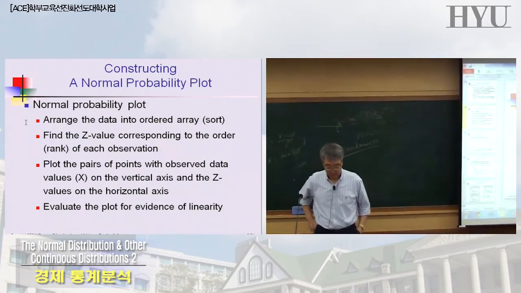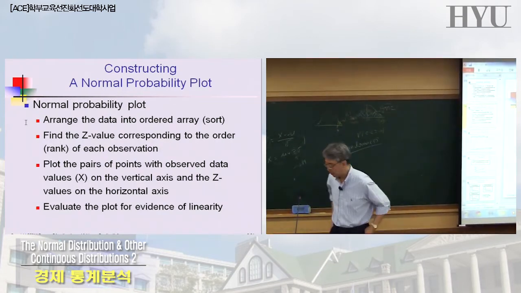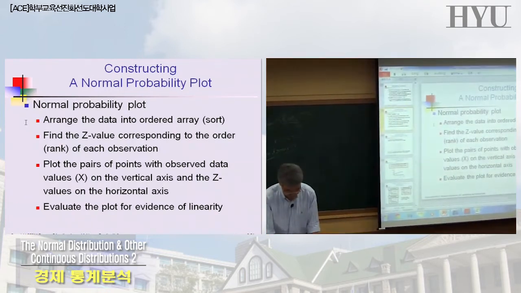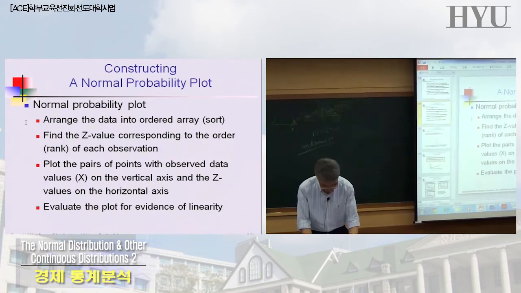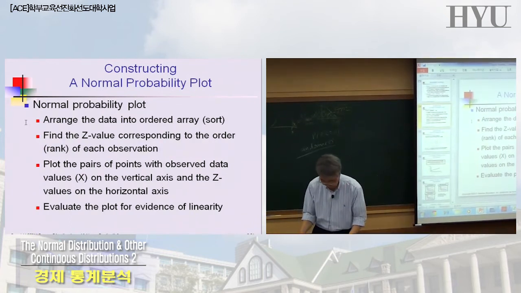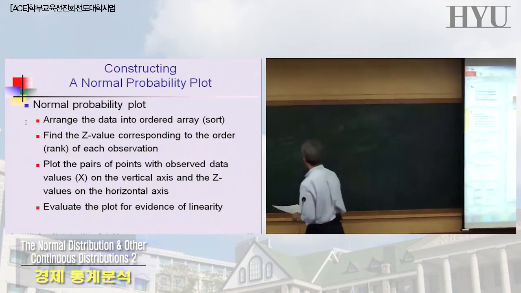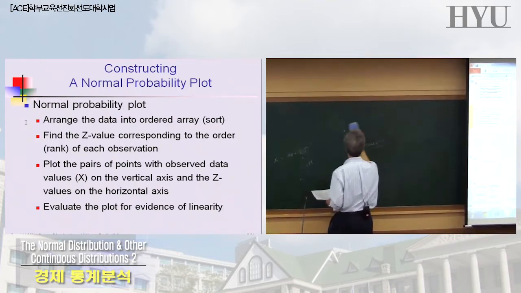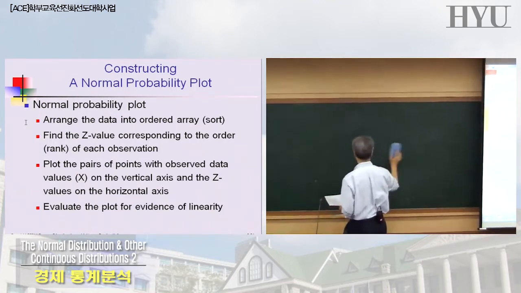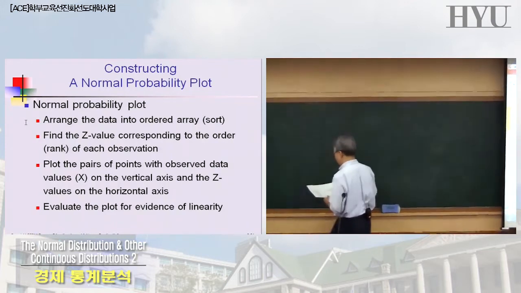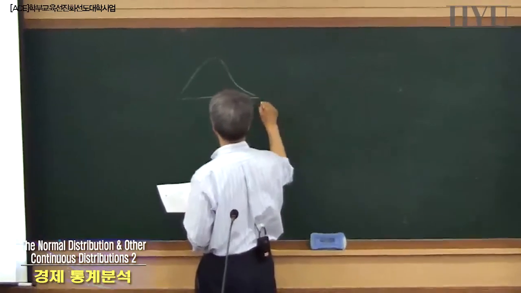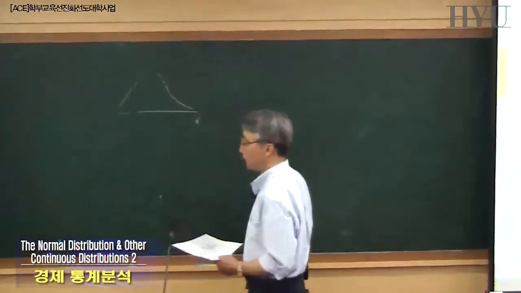All right, so the whole idea of the normal probability plot is this. We have our random variable here, x. Okay?